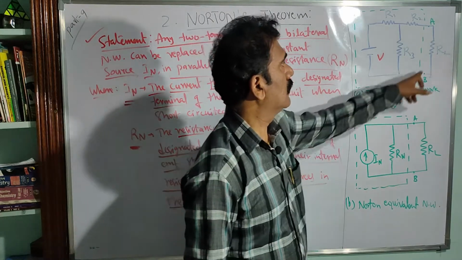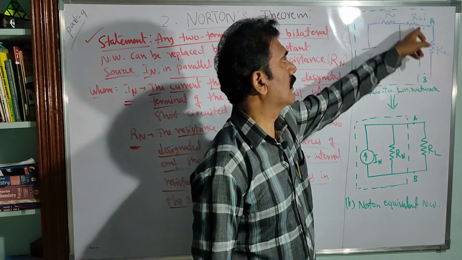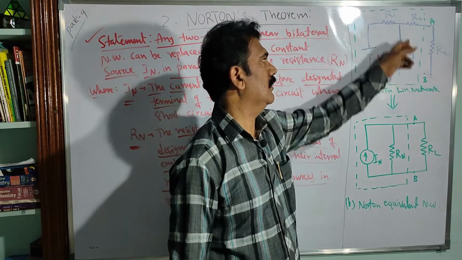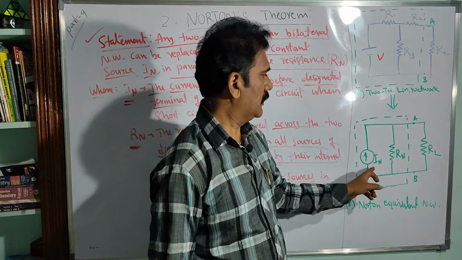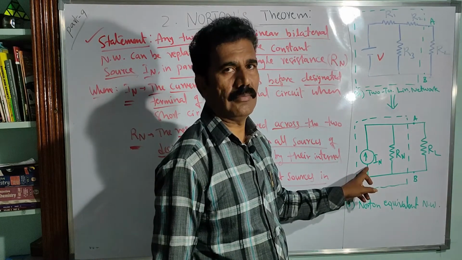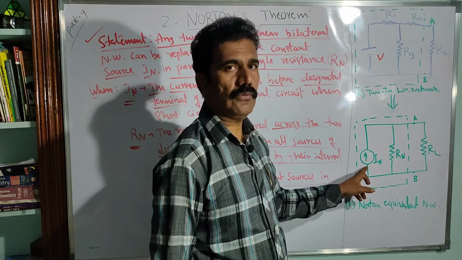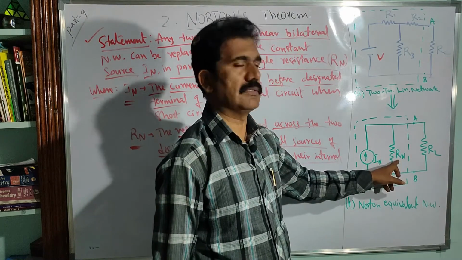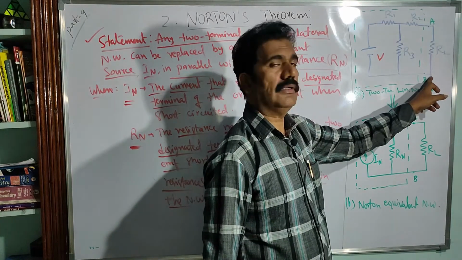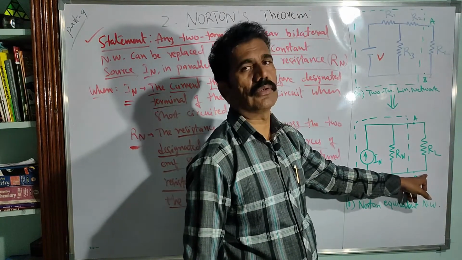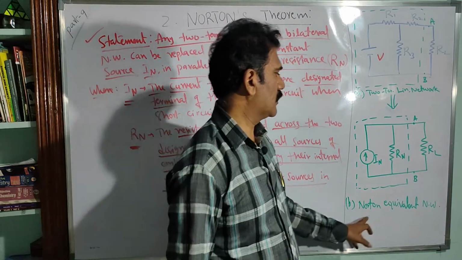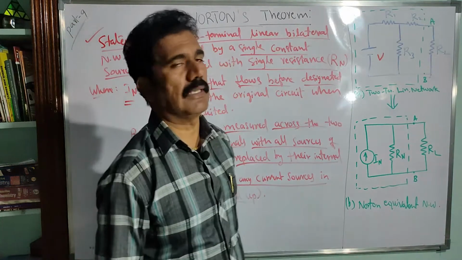The part of the circuit in the dotted line, the voltage source and R1, R2, R3, is replaced by only two elements: the current source in parallel with Norton's resistance. RL, the load resistor across terminals A and B, is connected back in the final network. Then it becomes the Norton equivalent network of the first diagram.